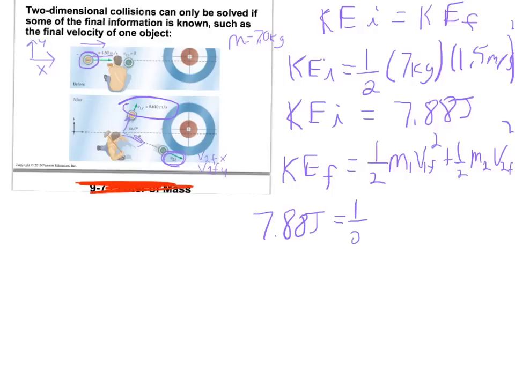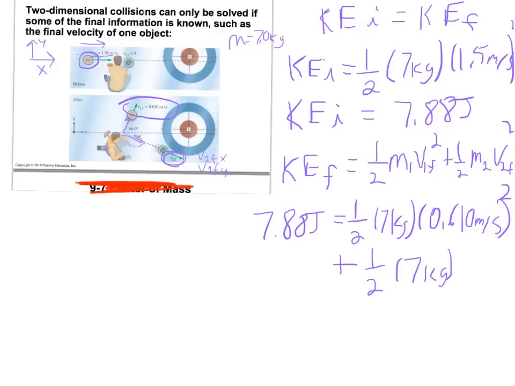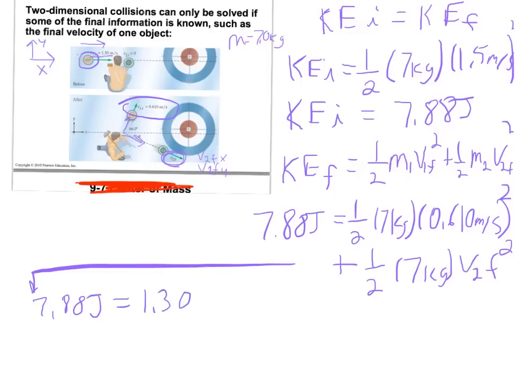That's equal to 1/2 times 7 kilograms times 0.610 meters per second squared plus 1/2 times the second stone, 7 kilograms, times V2F squared. Let's move this over here so we can have a little more space. 7.88 joules equals 1.30 joules if I multiply that all out, plus 1/2 times 7 kilograms times V2F squared.